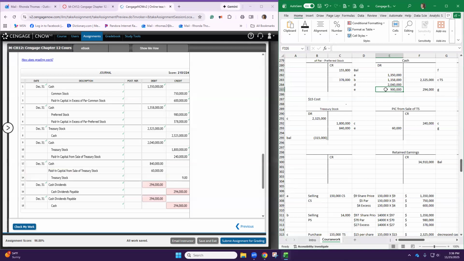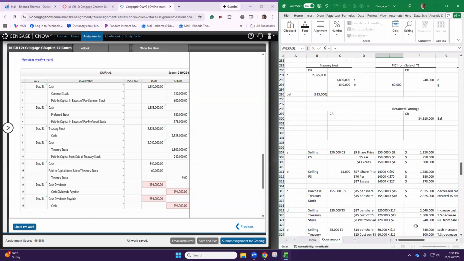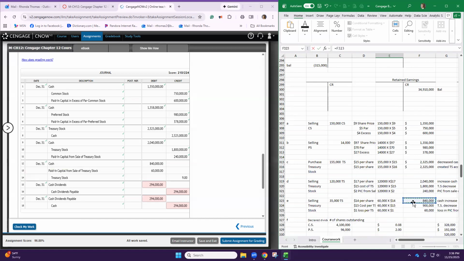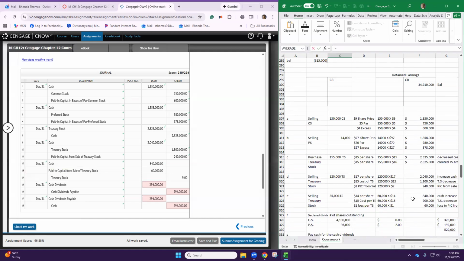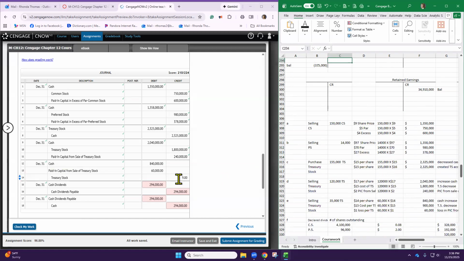Yeah, I got these wrong. Hang on one more time. Okay, so the amount we received for selling it at $14 each, and then 900 down in, there we go.